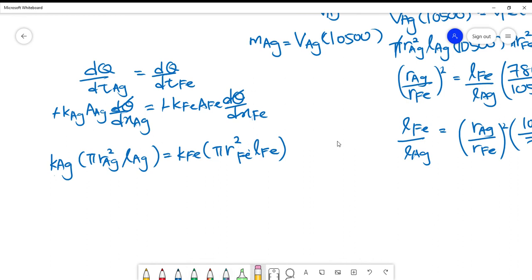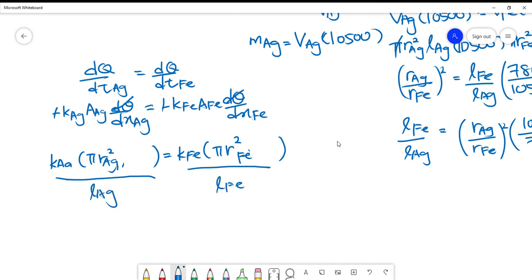This one shall be the cross-sectional area instead of volume, so there's no L here. This one should be L_Ag, and this one should be L_Fe.